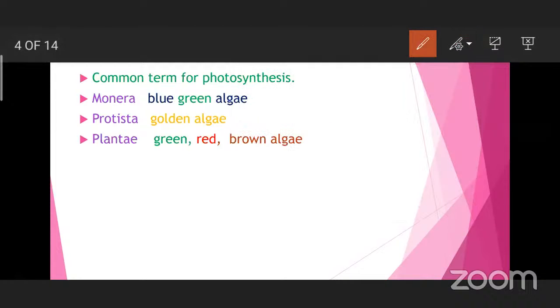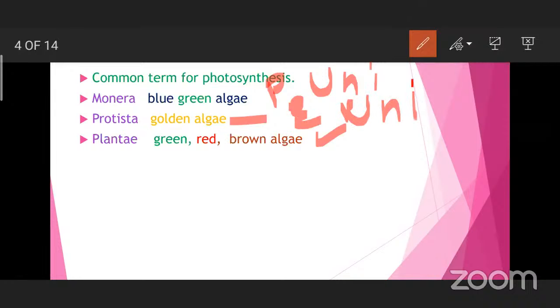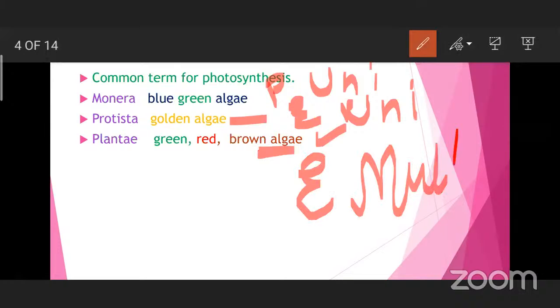They are multicellular eukaryotes. Okay, monerans are prokaryotes, single celled, that means unicellular. And Protista are eukaryotes and they are also unicellular. Whereas these algal members are eukaryotes but multicellular.